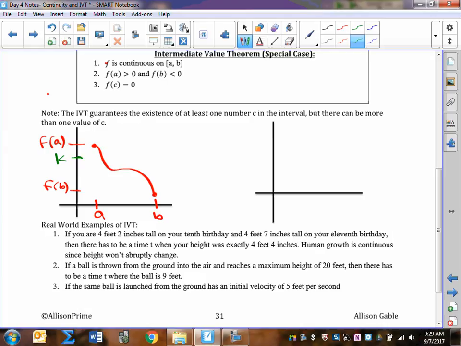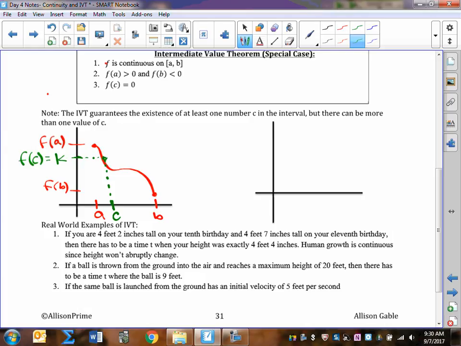All right, so if we have this scenario, continuous, endpoints are not the same height, and there's a k in between my y values, then the intermediate value theorem tells us that there must be a c value in between, so in that interval, where that y value, f of c, is that actual value k. So basically what it's saying is, if we have this smooth and continuous curve, then every x value in between a and b has a y value somewhere between f of a and f of b. That's kind of the general version of it.